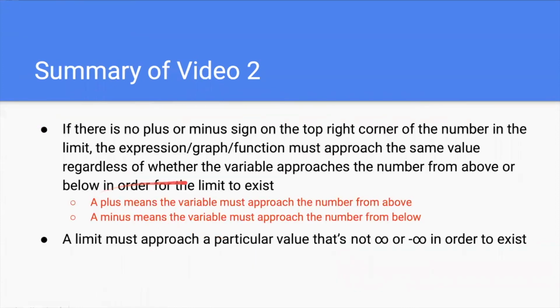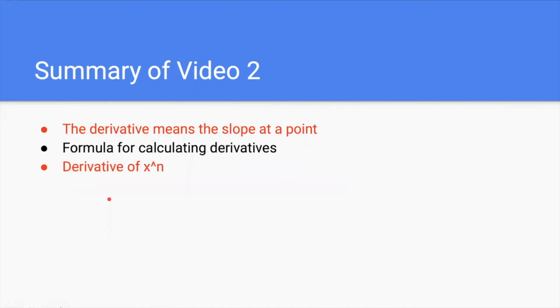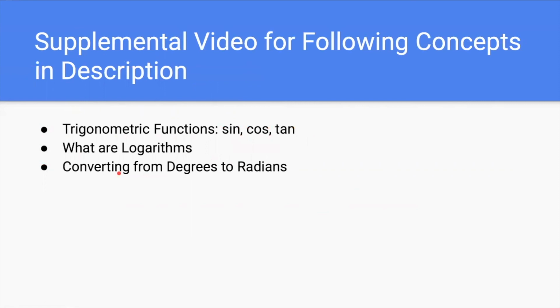And then non-existent limits, the most important part is you need to remember what the plus and the minus sign at the top right corner of a mean in the limit as x approaches a. All right, and as for derivatives, you need to remember what the derivative means and the derivative of x to the power of n. All right, and that's basically it for this video.